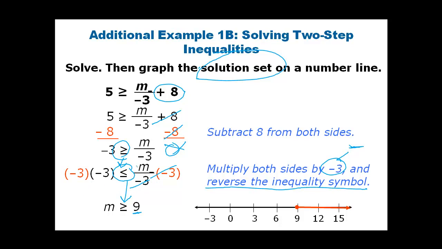So we have m bigger than or equal to 9, or as here, 9 smaller than or equal to m. It's the same answer. So I will go to 9 and draw a closed circle. Why closed circle? Because here I have equals. So I draw a closed circle, and then I will shade all the numbers bigger than 9. This is our solution set.